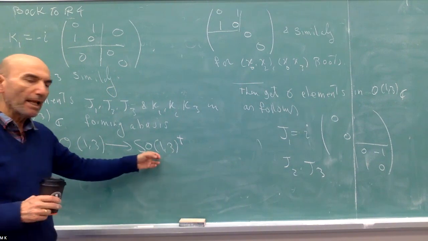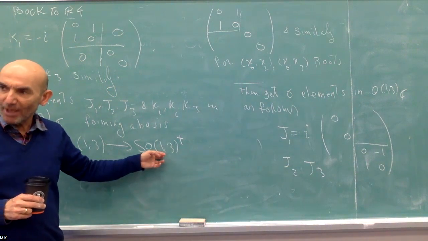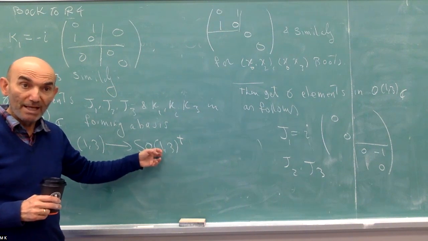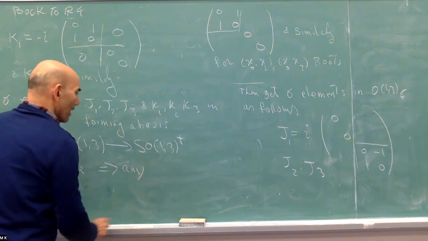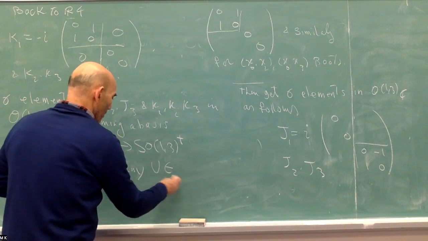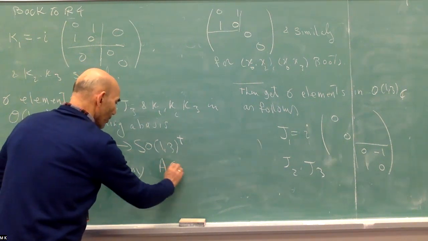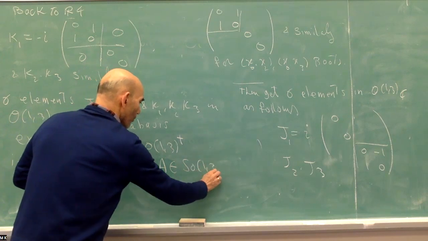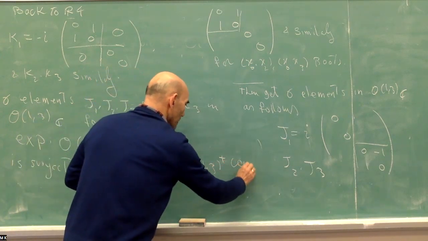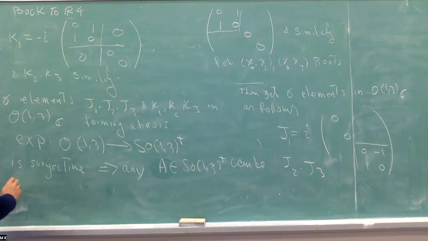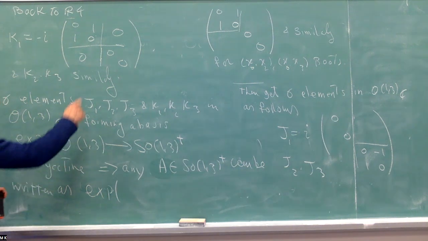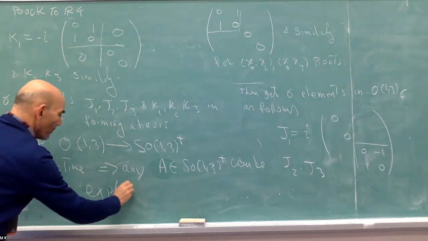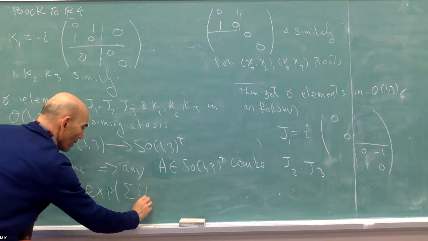So it means that any matrix A belonging to SO(1,3)+ can be written as the exponential of, now here I have to put back I again, the sum from i equals 1 to 3 of sigma_i K_i plus sigma_{i+3} J_i.